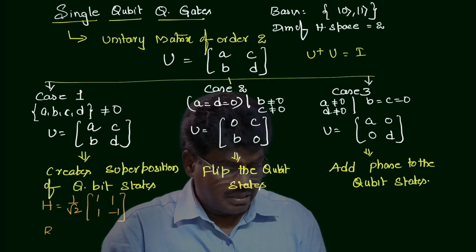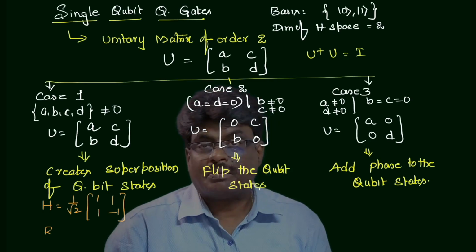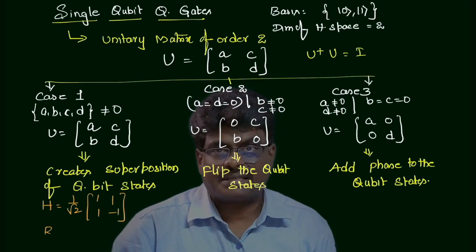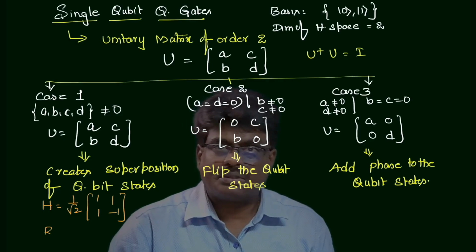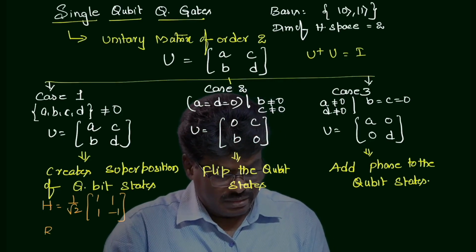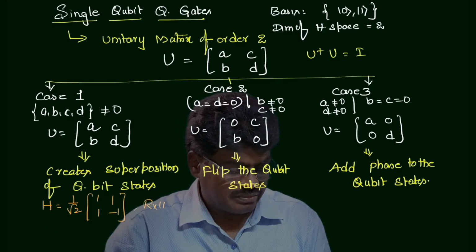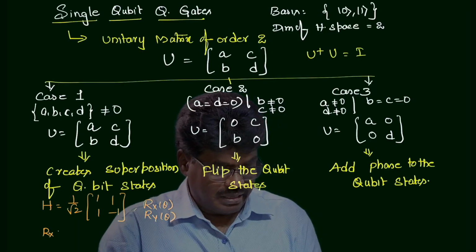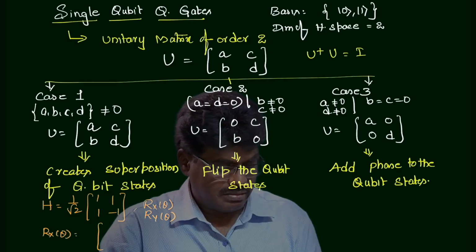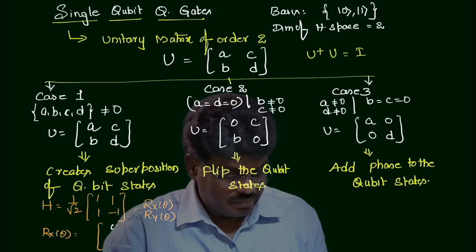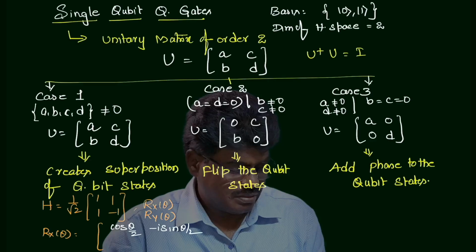And you can take Rx, a rotational operator about the x-axis, and a rotational operator about the y-axis also. So for example, Rx of theta is cos theta by 2, minus i sin theta by 2, and minus i sin theta by 2, and cos theta by 2.